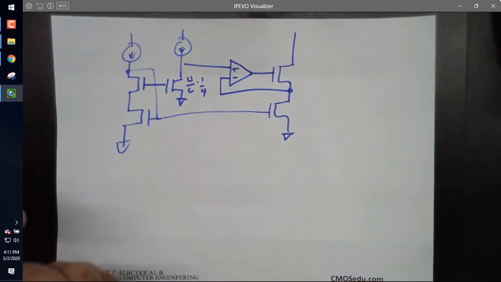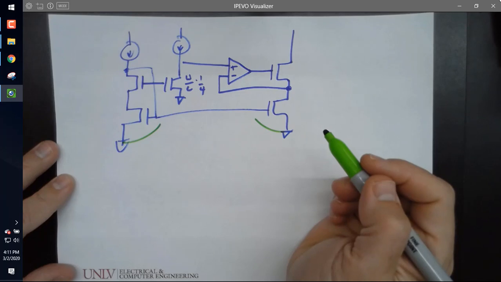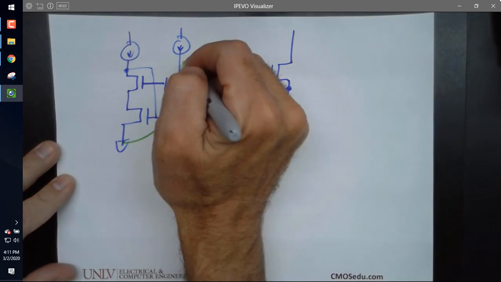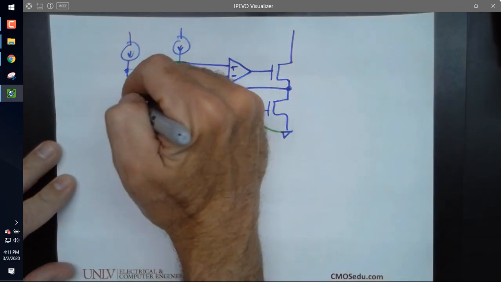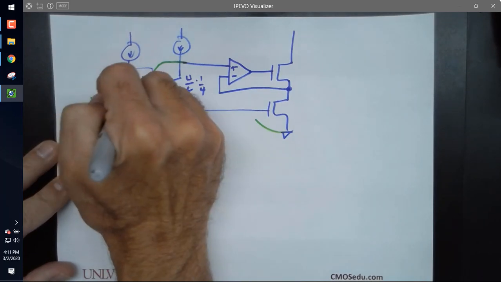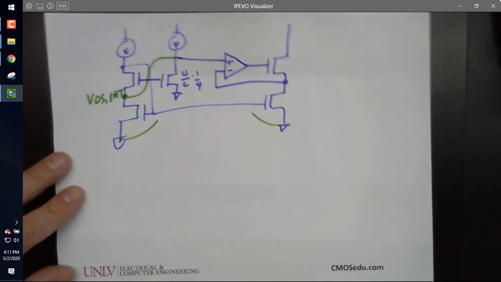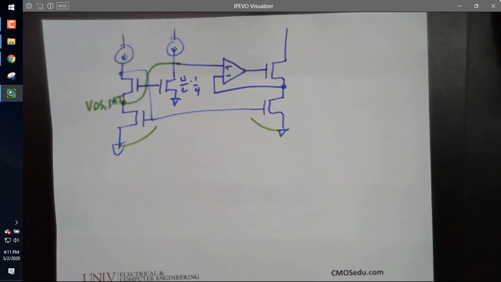I'm going to come over here. This is where I get my current mirror action. Here and here. Okay. Now this node, I'm going to come down here and tie it to this, and I'm going to call this VDS sat. Okay, so now what do we know about op-amps?